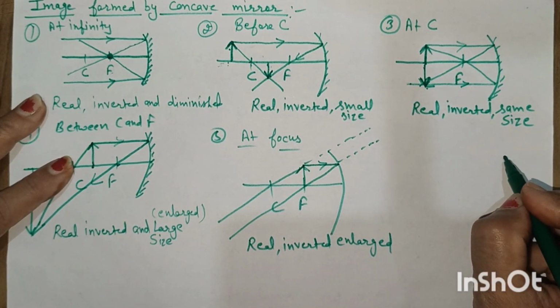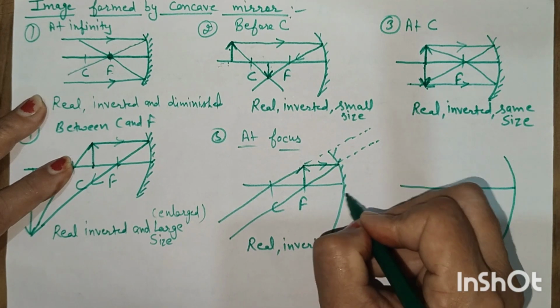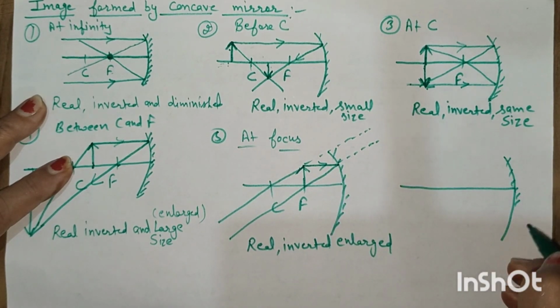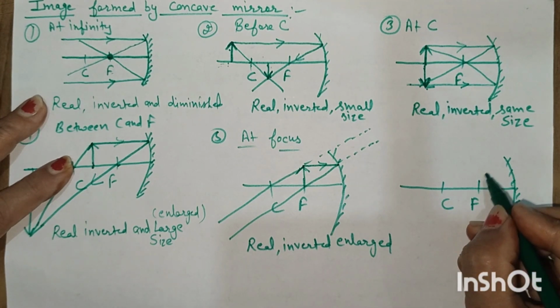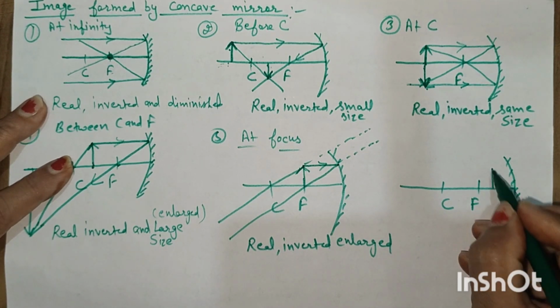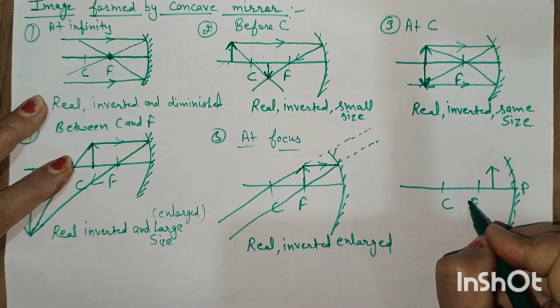Now the next is when the object is placed after F, between pole and focus.